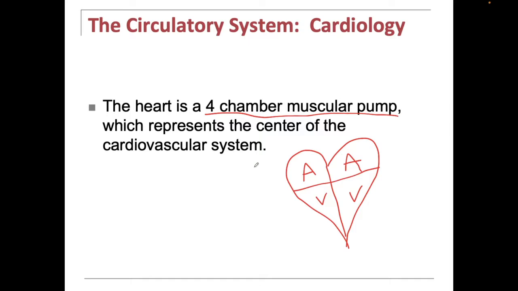When I talk about the heart, everything on this side is right, everything on this side is left, because we are looking at an individual. So their right arm and right shoulder would be here, their left arm and left shoulder would be here, and so forth. So we would call this the right atrium, the left atrium, the right ventricle, and left ventricle.